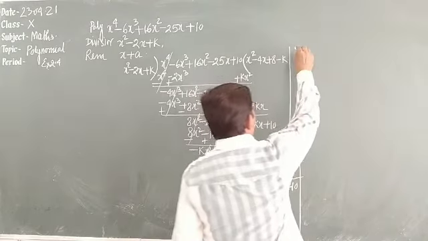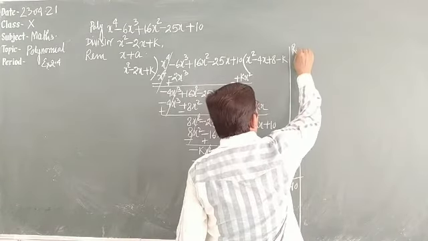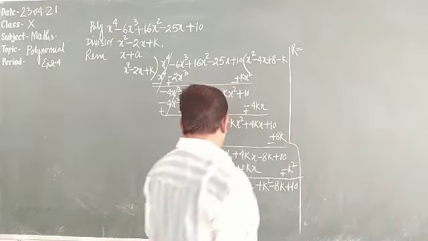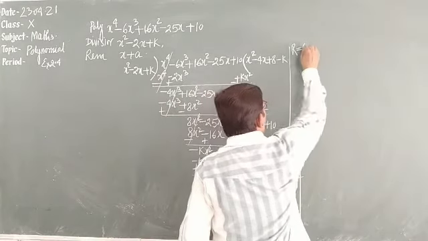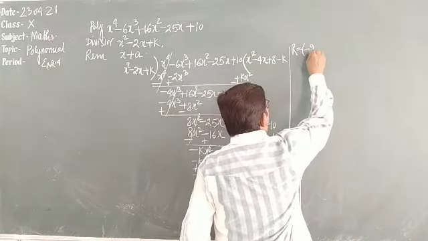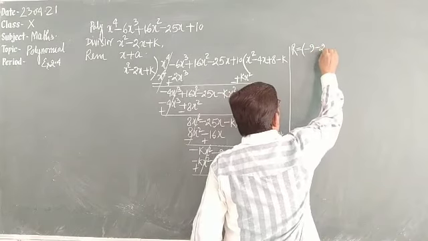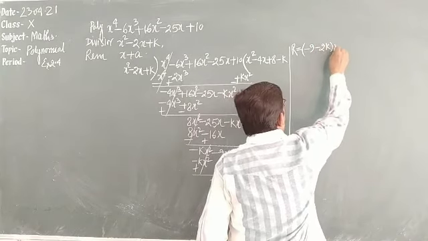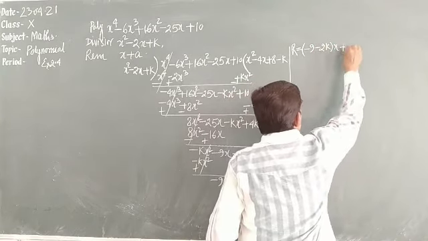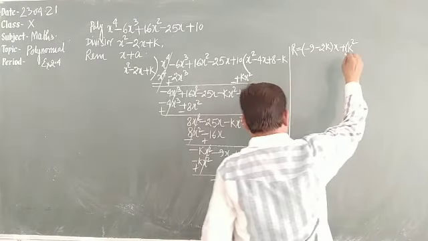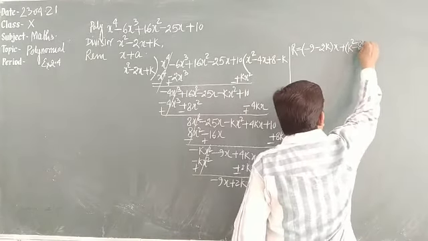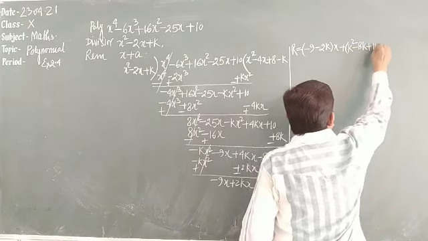See, the remainder is, we take common x from here, so we have minus 9 plus 2k times x plus k square minus 8k plus 10.